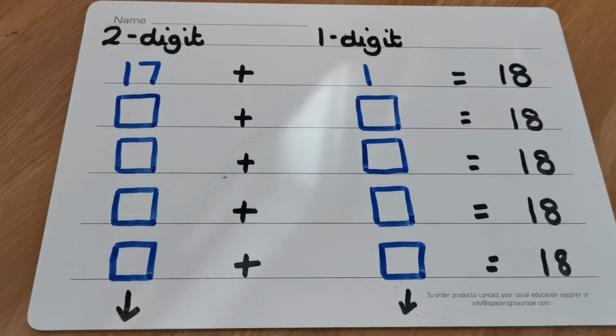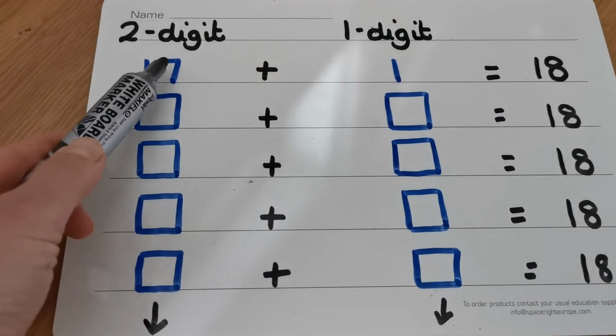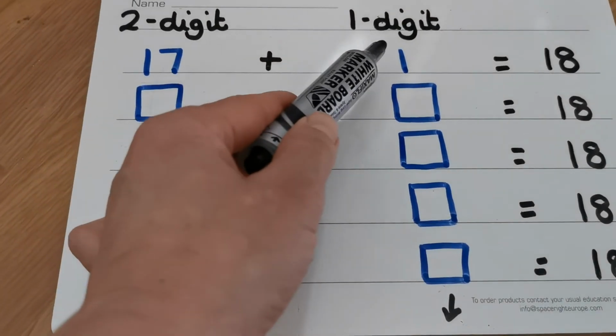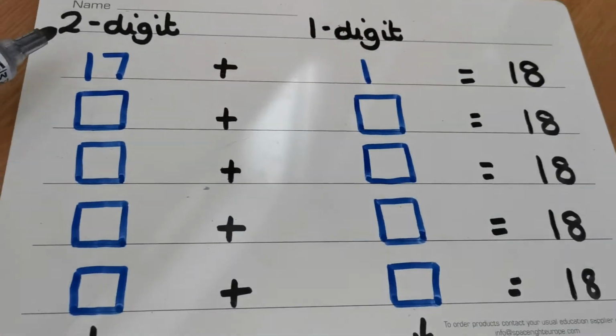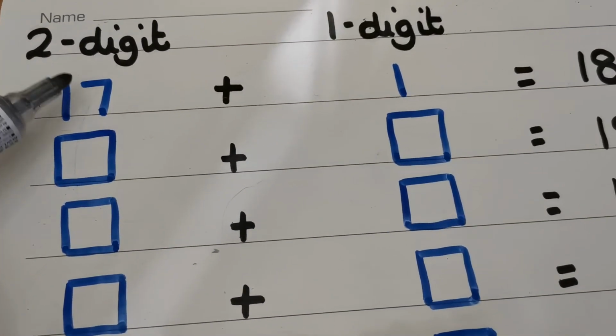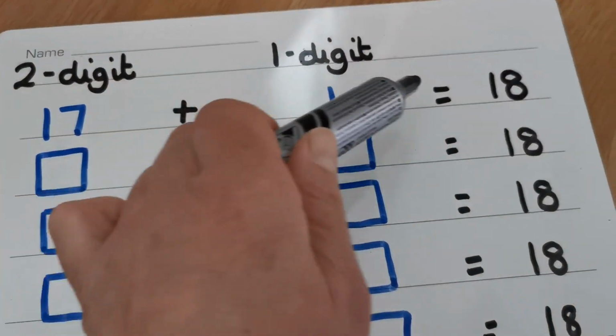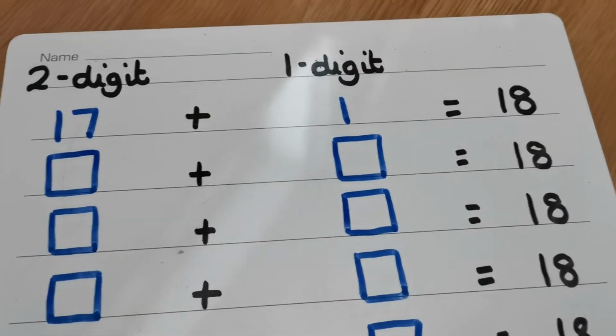A 2-digit number, remember, has 2 digits. A 1-digit number just has 1 digit. So the 2-digit number that I've chosen is 17, and the 1-digit number is 1 to make 18. 17 add 1 equals 18.